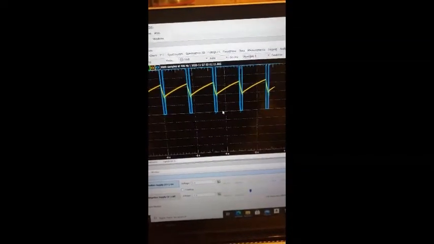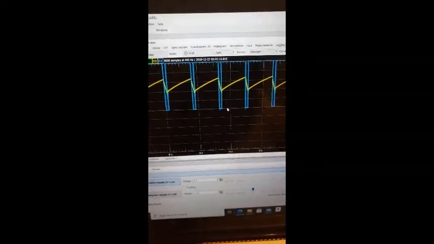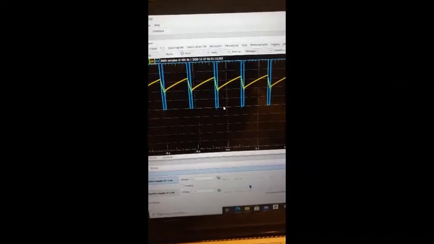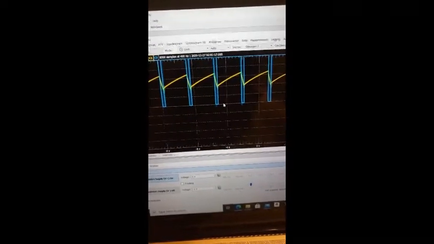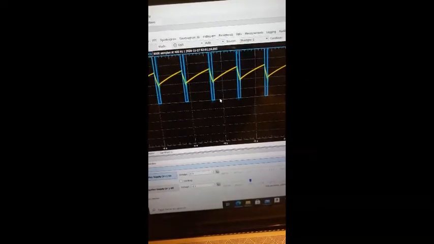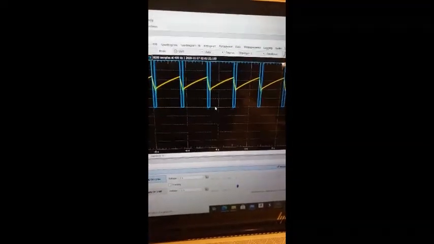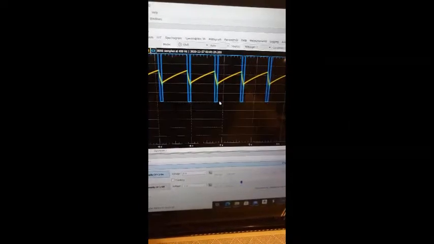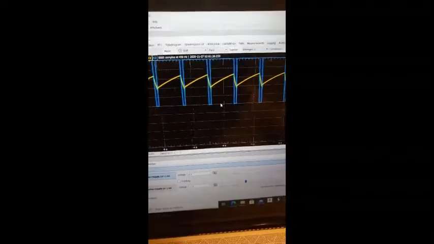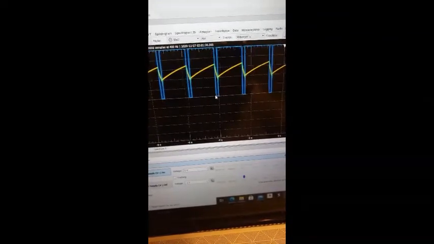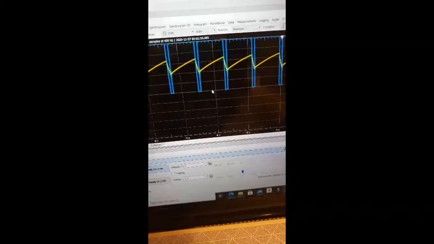So what's happened is that every time it's been triggered by the astable, the monostable gets to charge up. So yep, it now remains like a normal astable, because it's continuous, non-stop.